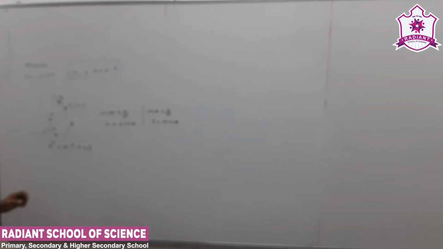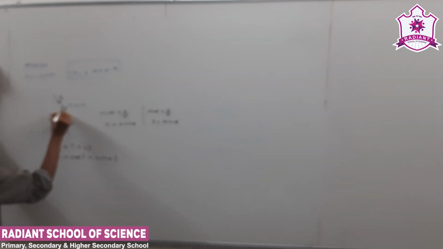Our position vector r is equal to xi plus yj, that is r cos theta i caret plus r sin theta j caret. Now suppose we have to find a unit vector which is perpendicular to this. So first we have to rotate.